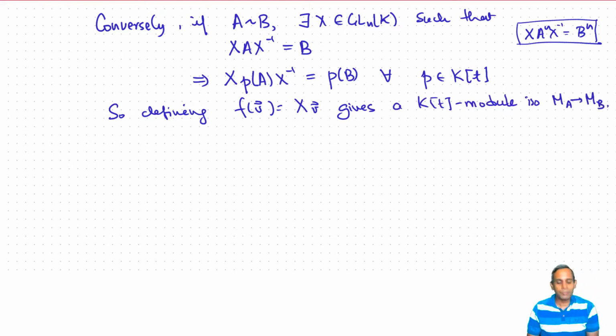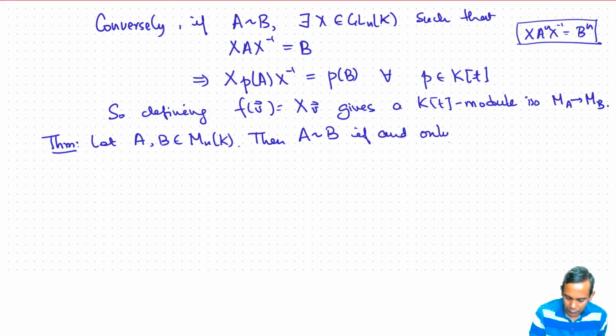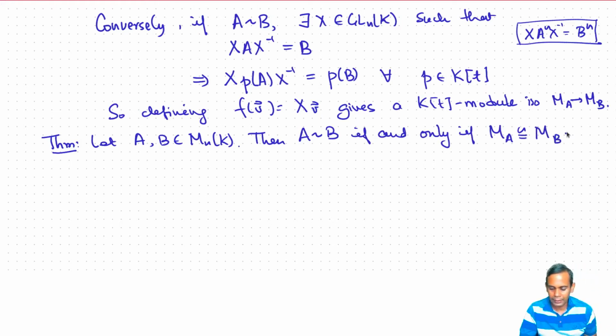So the upshot of this is the following theorem: if you have two matrices A, B in M_n(K), then A is similar to B if and only if the modules M_A and M_B are isomorphic as K[T] modules.